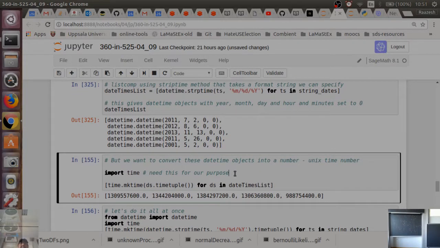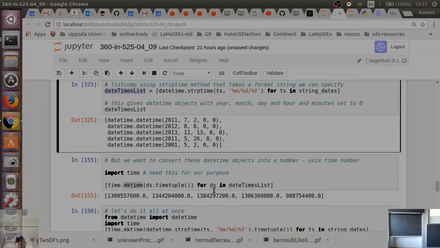So then we want to convert these datetime objects into a number. This is the Unix time number, which is the number of seconds elapsed since 1970 Jan 1, I think. And for that, we import time. It's another module. And then we do this dot mktime thing. So now I'm applying mktime to this datetimes list I just made by comprehending with strptime.